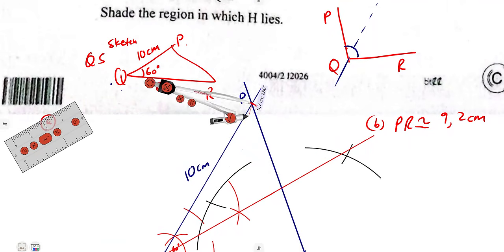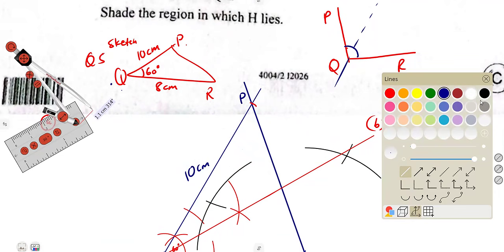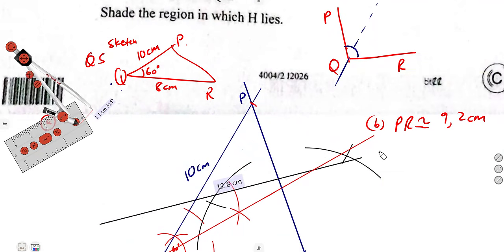So they do meet. These two arcs, they do meet here, and these two arcs, they do meet here. Join the intersection of the arcs. By joining the intersection of the arcs, we have bisected the line.